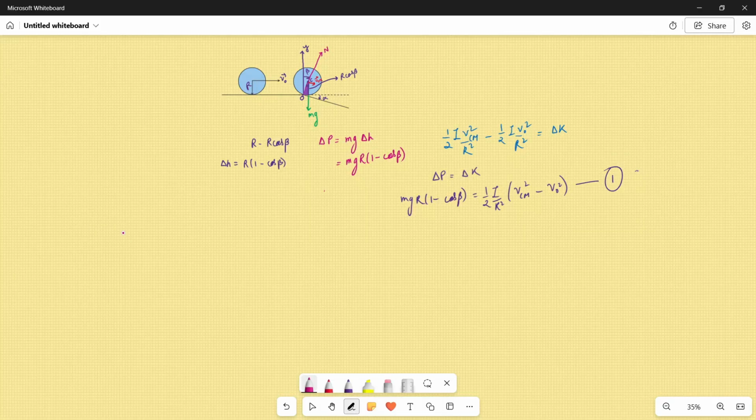Now, using Newton's laws of motion, we can write m v center of mass square divided by r equals mg cos beta minus N. Further, we can write v center of mass square equals rg cos beta minus Nr by m.